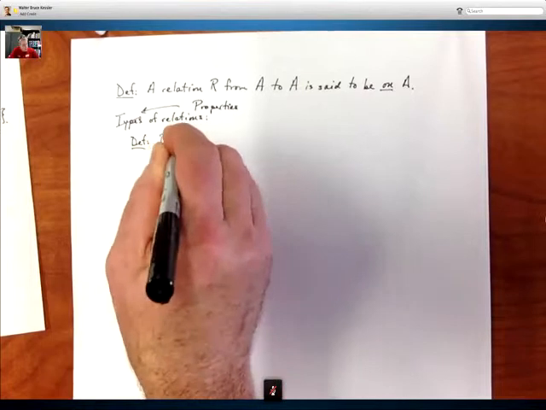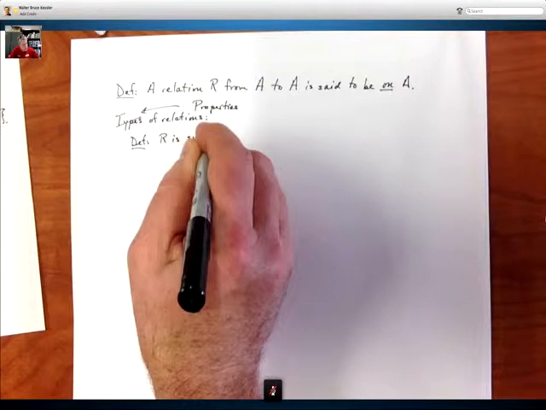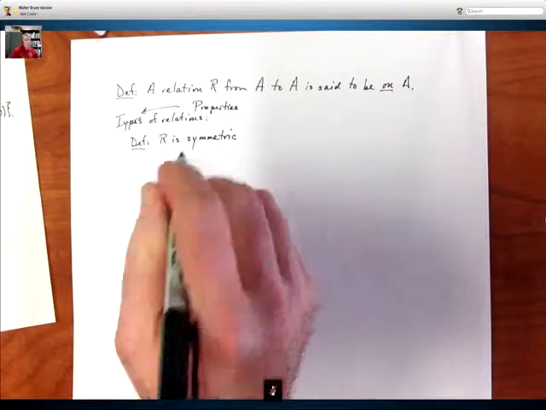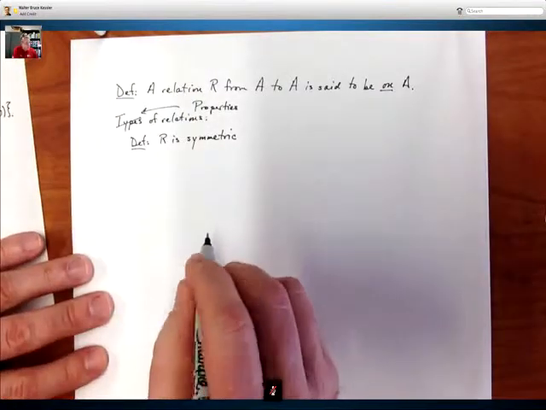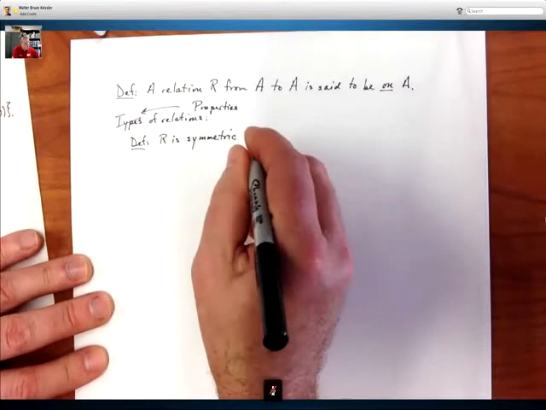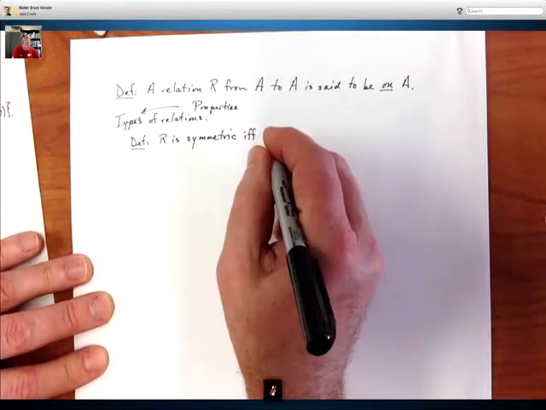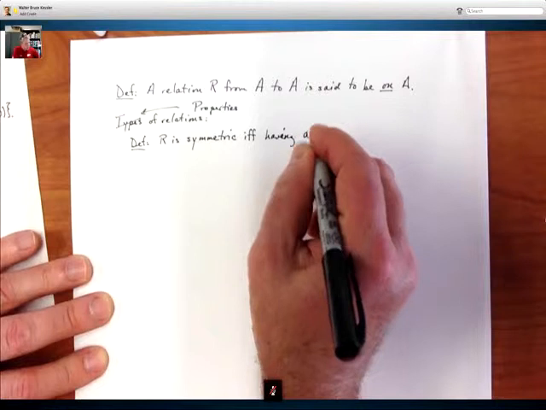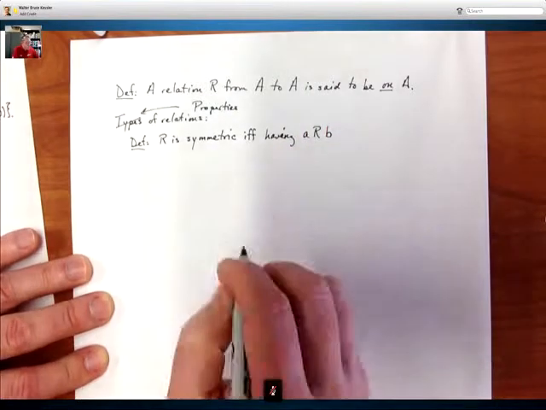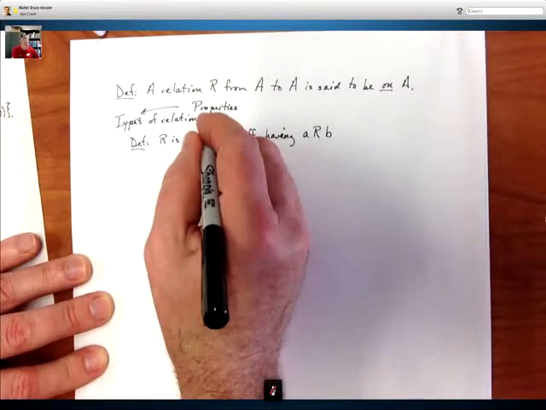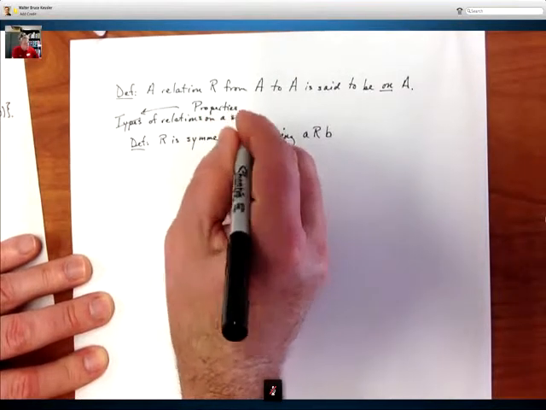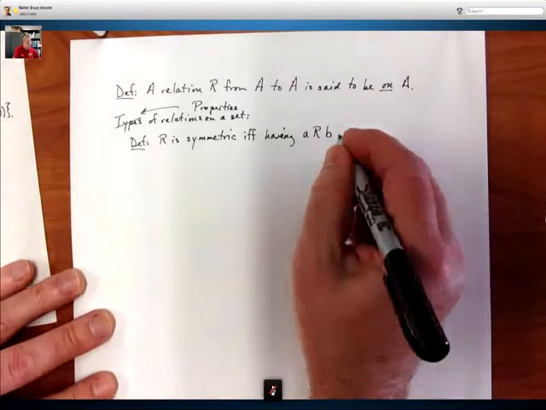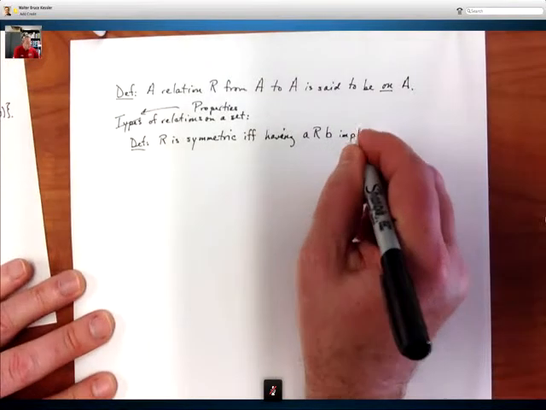We say that R is symmetric if having A related to B implies that B is also related to A. I need to define properties of relations on a set, because the A and the B here have to be in the same set for this to work.